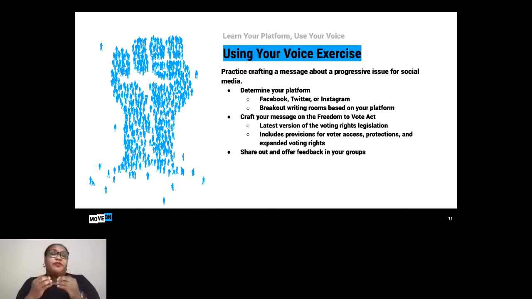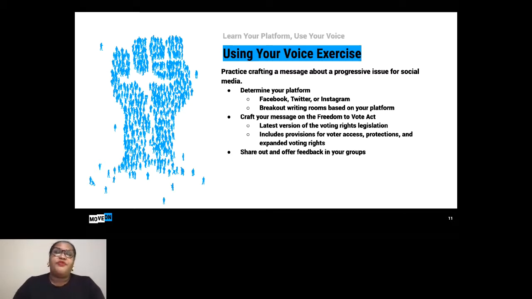So I want to give us practice crafting a message about a progressive issue for social media. That progressive issue, spoiler, is the Freedom of the Vote Act. The Freedom of the Vote Act is the latest version of voting rights legislation.